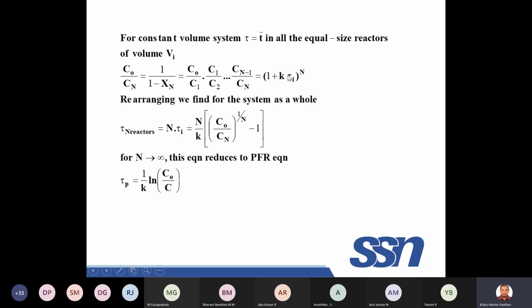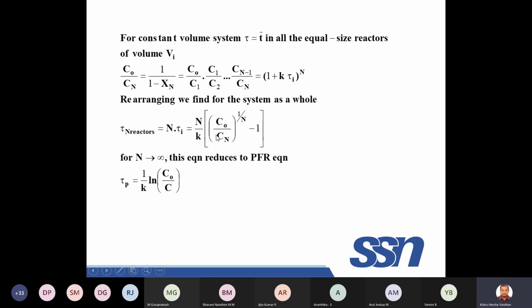If you rearrange this equation, tau i is for each reactor, whereas N reactors are there. So you have to multiply that to get the tau for the N reactors. If you rearrange this equation in terms of tau i, you get N by k into C0 by Cn whole power 1 by n minus 1.